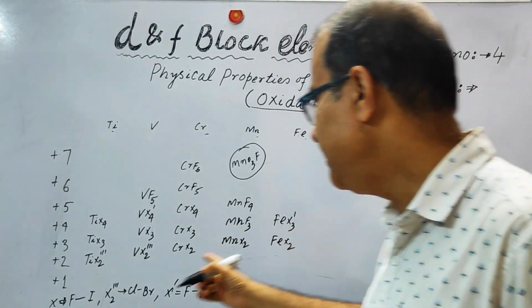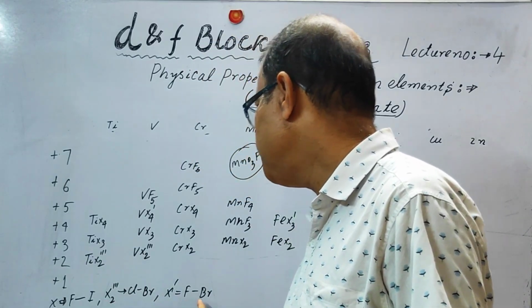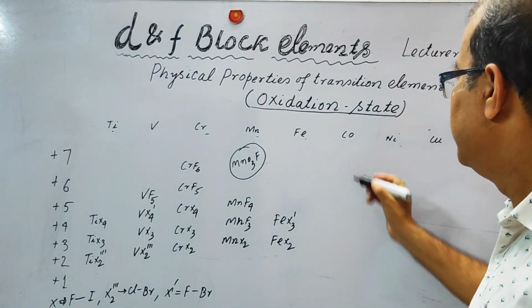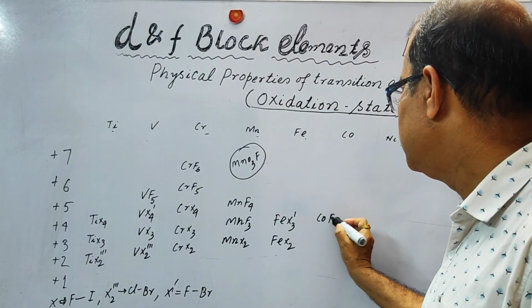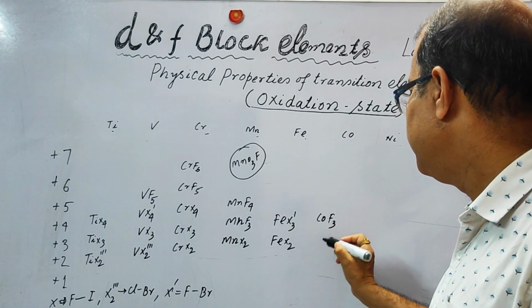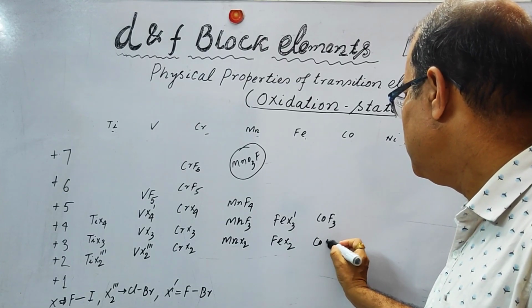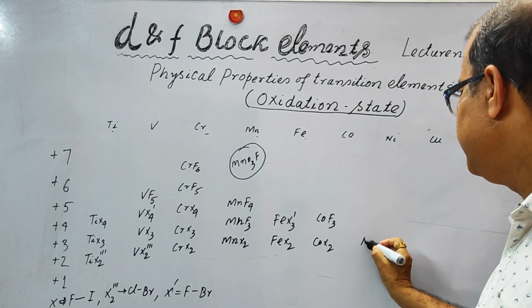Here the halide is the fluorine to bromine, no iodide. Okay. Now for the cobalt, you will find the cobalt also has COF3 and COX2.